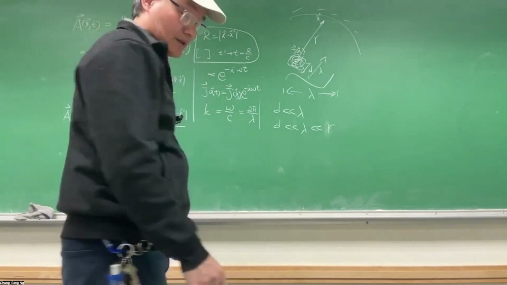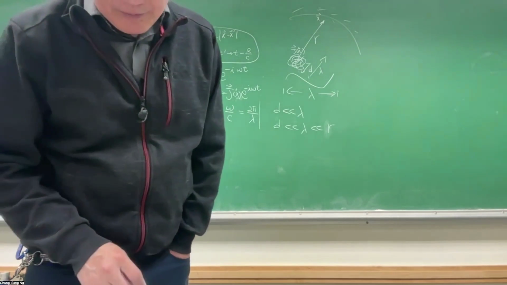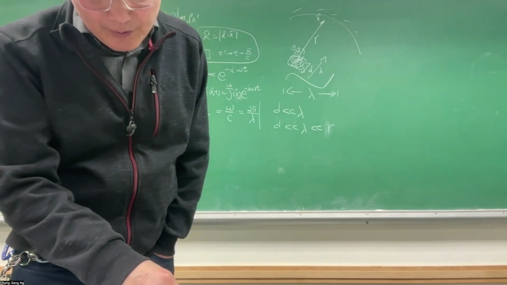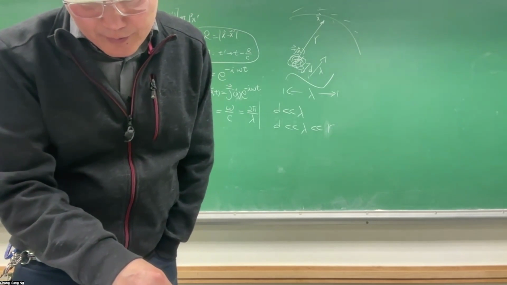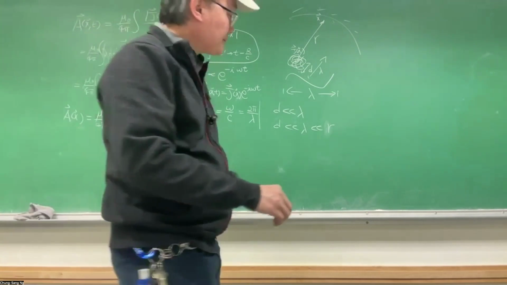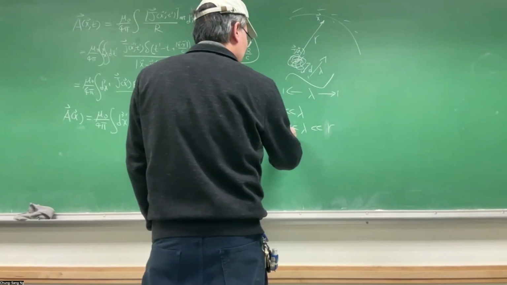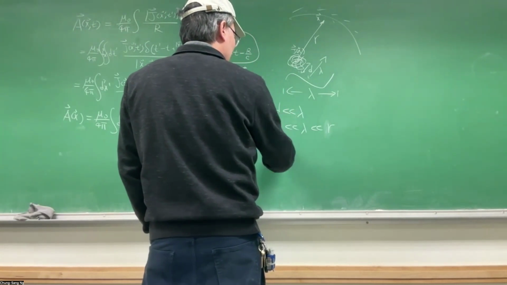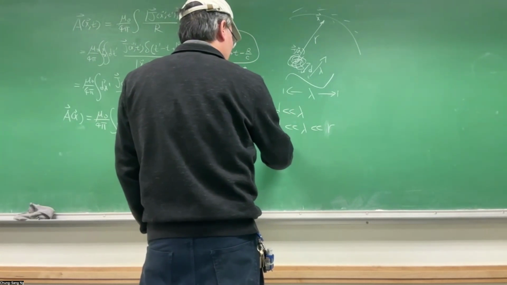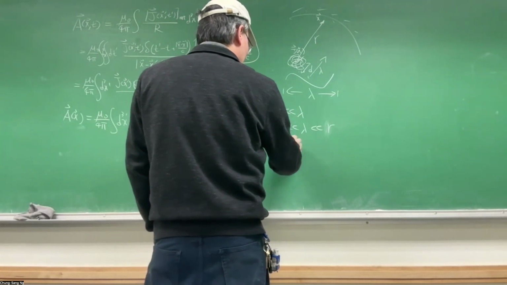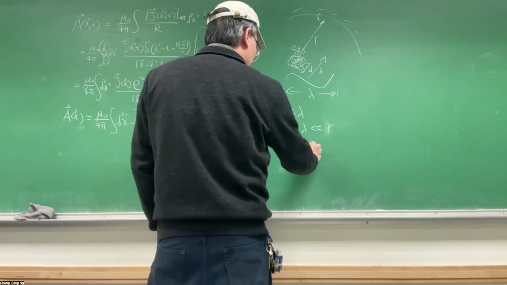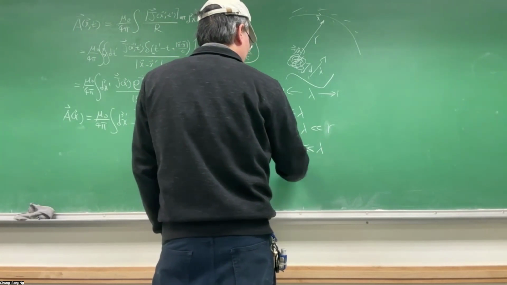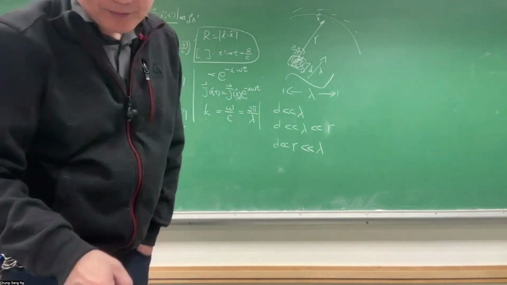Another possibility is the so-called near zone, which basically puts R in between the two. So R is much bigger than d, much smaller than lambda. That's the near zone.